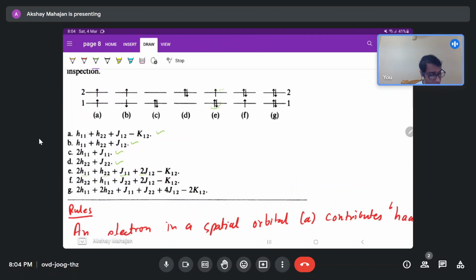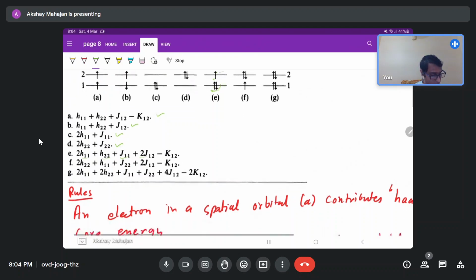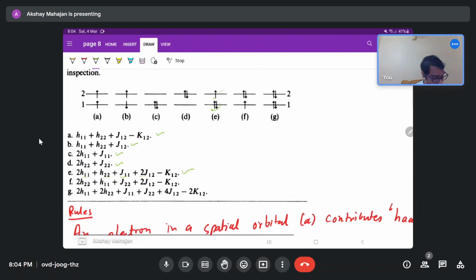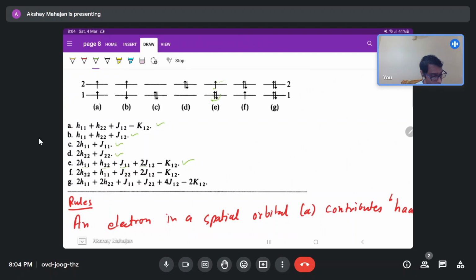Then we have to check the parallel spins. Now we have 2 parallel spins, one in orbital 1 and one in orbital 2, so we will have a minus K12. So we will have one exchange term. So this is also correct. Now for the F part, from these 2 electrons we have 1 H22 and 1 H22, so we are getting 2 H22. Then from this electron we are getting 1 H11.